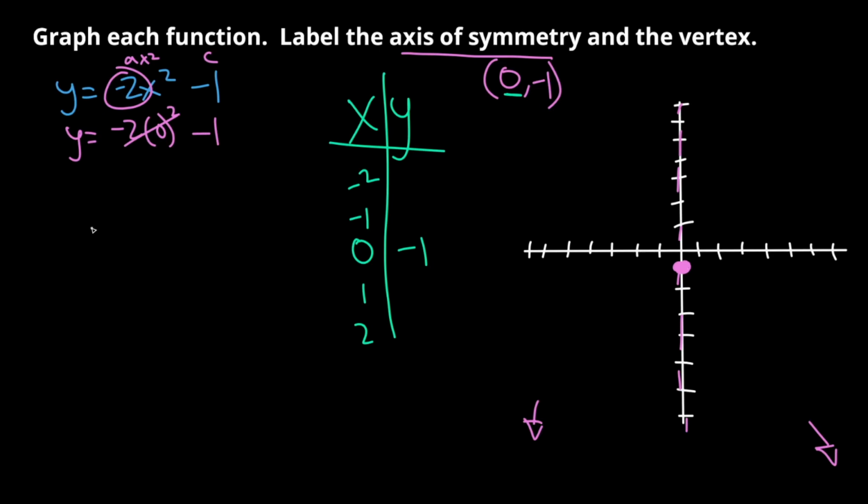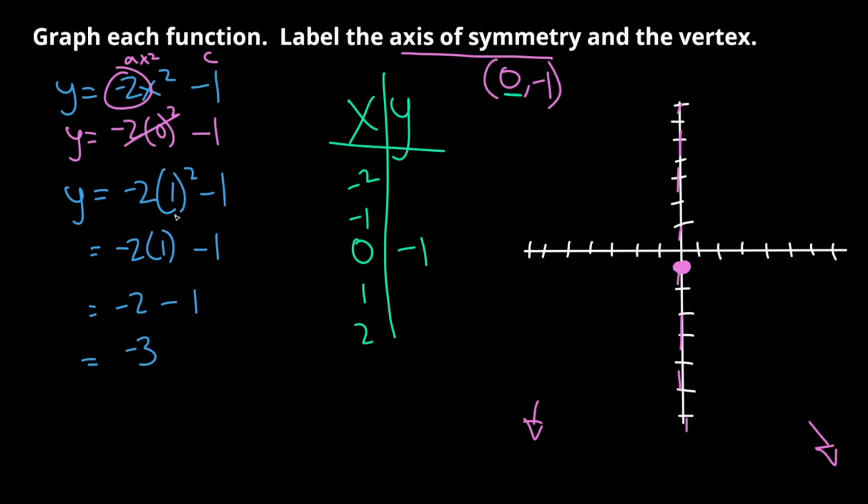All right, so we'll do +1 because that looks easier. y equals negative 2 times 1 squared minus 1. So simplify the exponent. 1 squared is just 1. Negative 2 times 1 is negative 2, minus 1 is negative 3. So when we plug in 1, we get negative 3. Now erase that for some space.